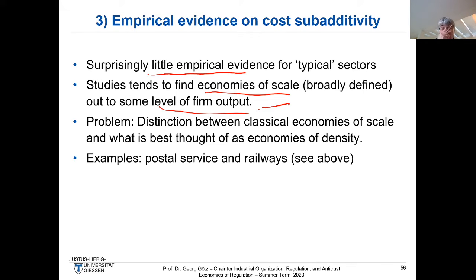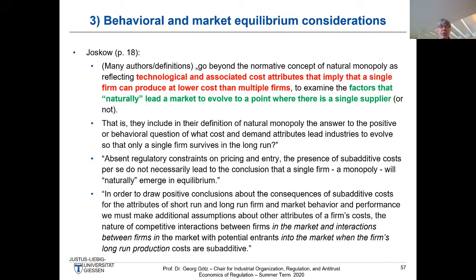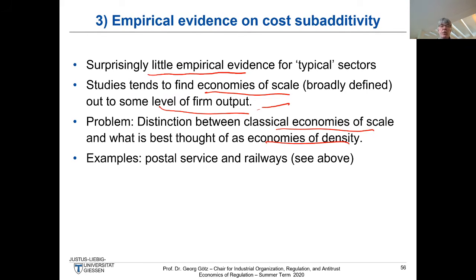A problem here is that there is a distinction between classical economies of scale and the economies of density we already discussed when we discussed railways, and it's also important in postal services. The point should immediately be clear.